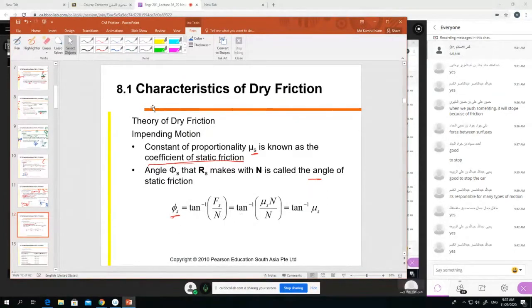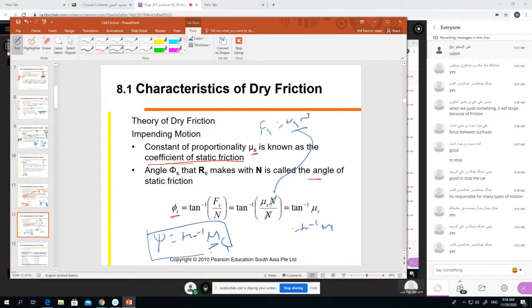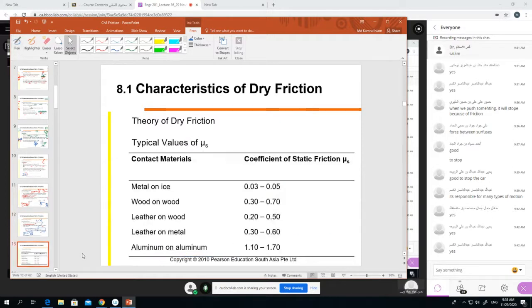Now, we already learned F equals Fs equals mu s N. So we write mu s N, and N cancels out. So tan inverse mu s. So the angle of friction equals tan inverse of the coefficient of friction, where mu s is the coefficient of friction. This is the relationship between the angle of friction and the coefficient of friction.